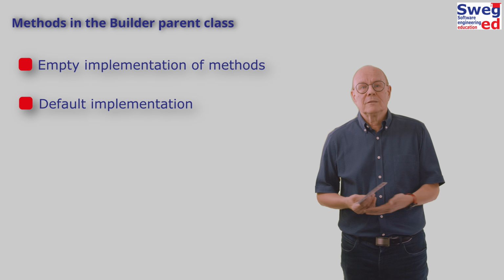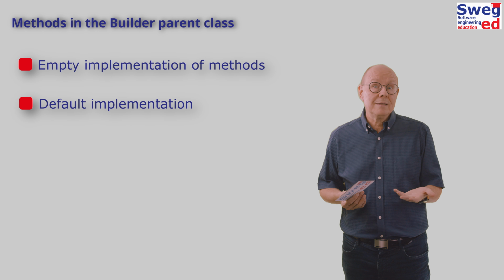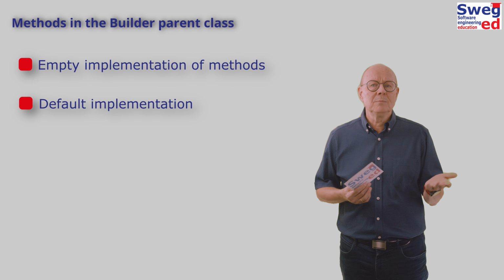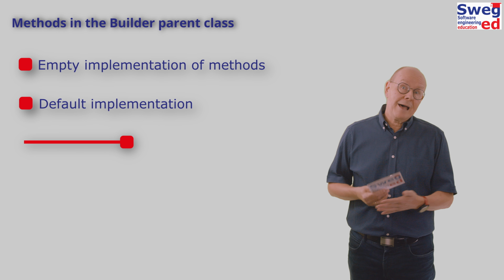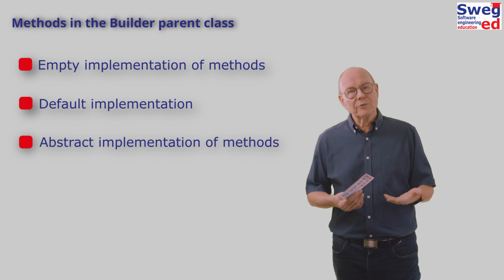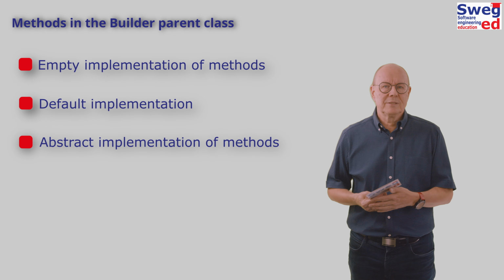You can provide a default implementation for methods, letting child classes override if needed. In our example, buildLine1, buildLine2 and buildLine4. And last but not least, make methods abstract if you want to force child classes to implement them. We didn't use this in our example.